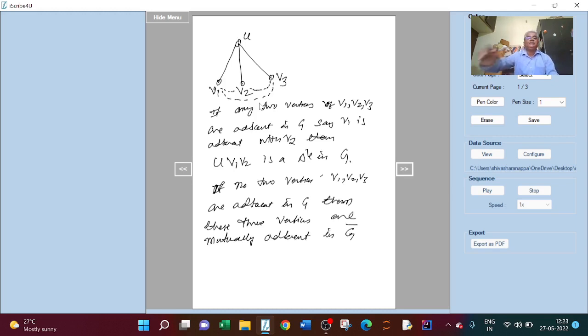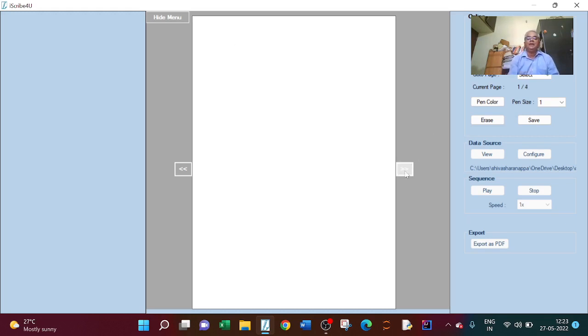Okay, if these three vertices are not adjacent in G, then they are adjacent in G bar. So that is, G bar contains a triangle. That is, in a graph with 6 vertices, either G contains a triangle or G bar contains a triangle. Next I will go to one more example.